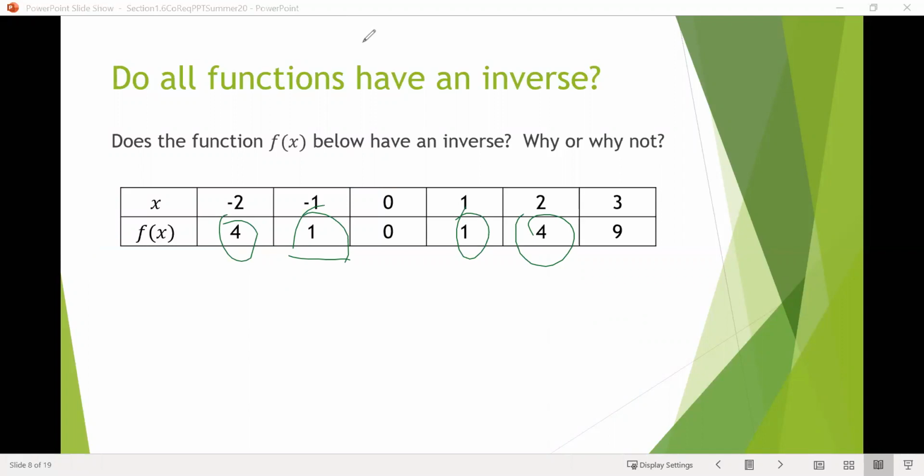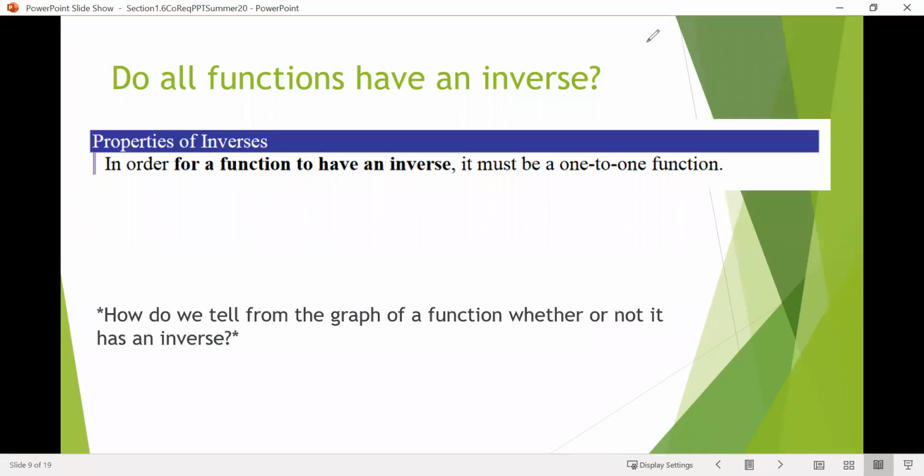Right, it's not one-to-one, okay? So our big takeaway here is that in order for a function to have an inverse, it must be a one-to-one function. Now, if you're given a function as a graph, right, how can we tell whether or not it has an inverse? Well, that's the same as asking, how do we tell whether or not it's one-to-one? And hopefully we all remember that's where we use the horizontal line test, right? The horizontal line test tells us if a function is one-to-one.